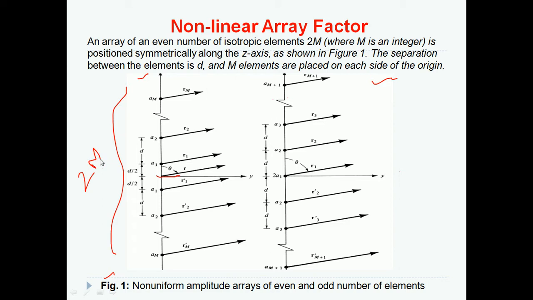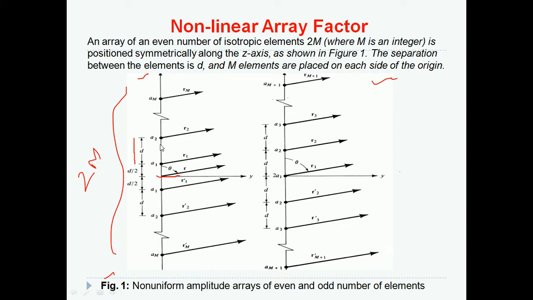Hence it is called an even array. The definition of a non-linear array is that the elements should be fed with unequal amplitude and placed at equal distance. So here the distance between two elements is d.